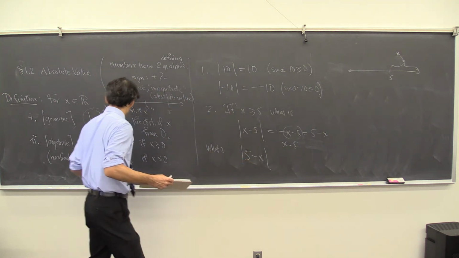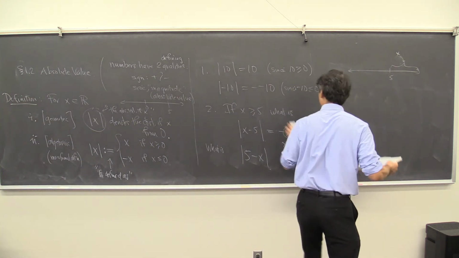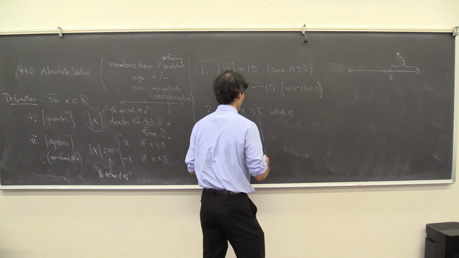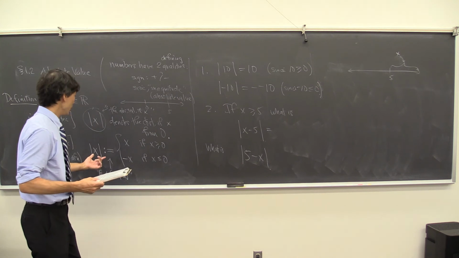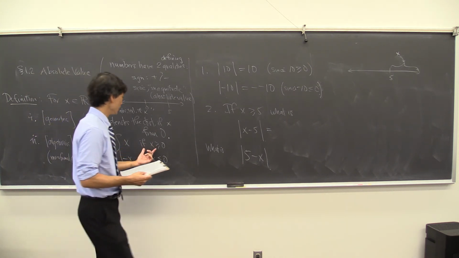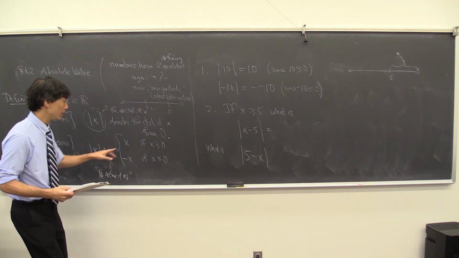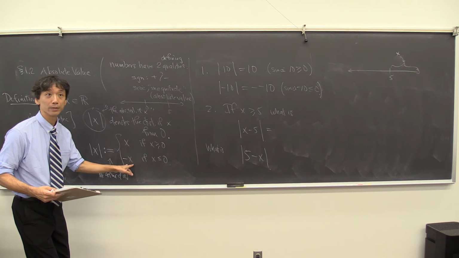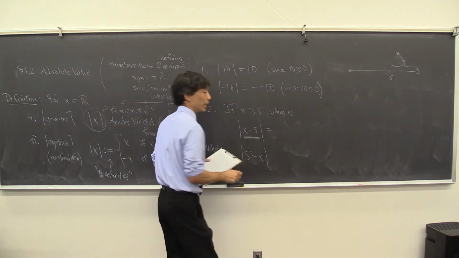Okay, so in the interest of time, let's think of how we would figure this out. Let's go back to the definition. The definition says you have to figure out if the input is positive or negative. If the input is positive, it's going to be x. If the input is negative, it's negative x. So is this thing positive or negative?